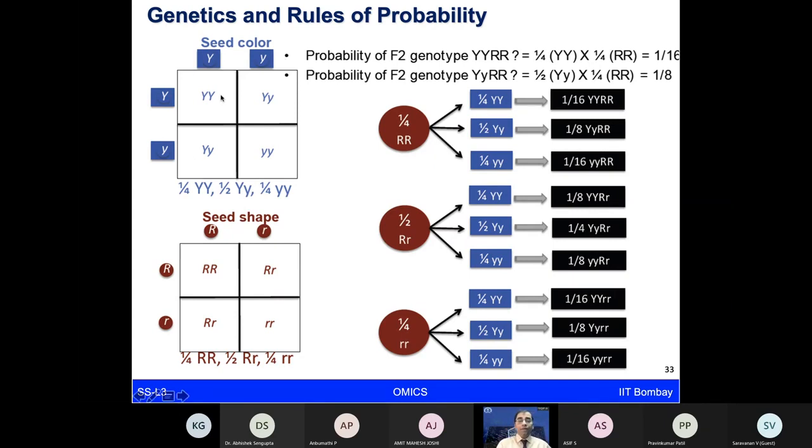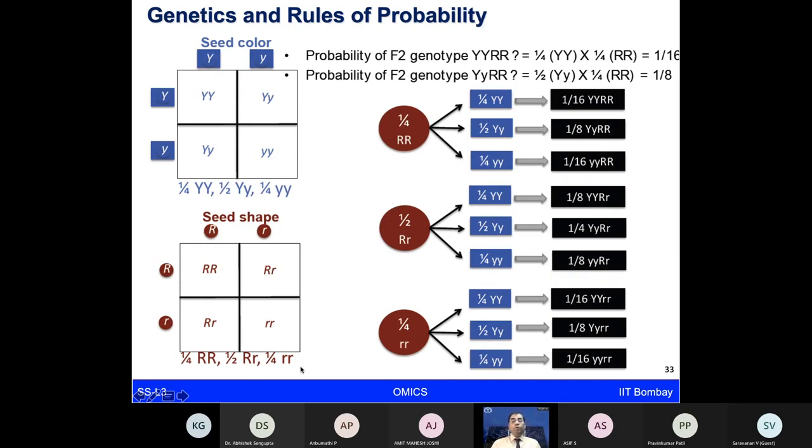They're going to show me that one is forming capital YY, small yy, and then 50% heterozygotes. These are my gametes coming from this monohybrid cross of seed color. And likewise, my cross of seed shape is going to give me these gametes.